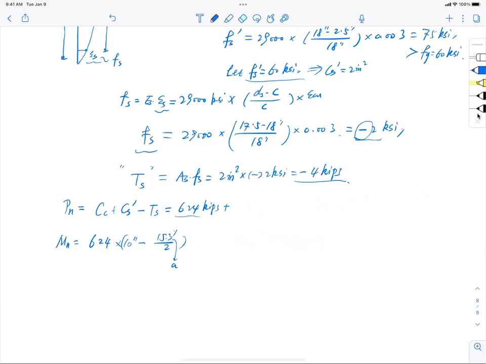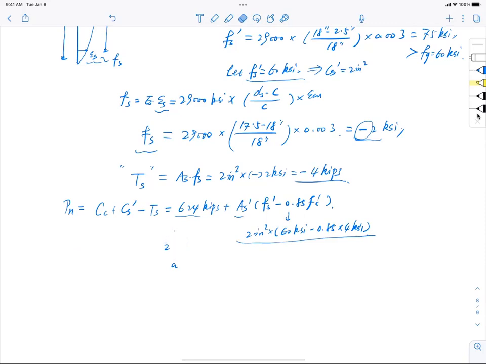So 624 plus Cs prime, which is As prime, bracket, Fs prime minus 0.85 f prime c. Is that right? Yeah. So this As prime is 2 inch squared. Let me do this. Fs prime is 60 KSI minus 0.85 times 4 KSI. Natalie, can you crunch this number out real quick for me?